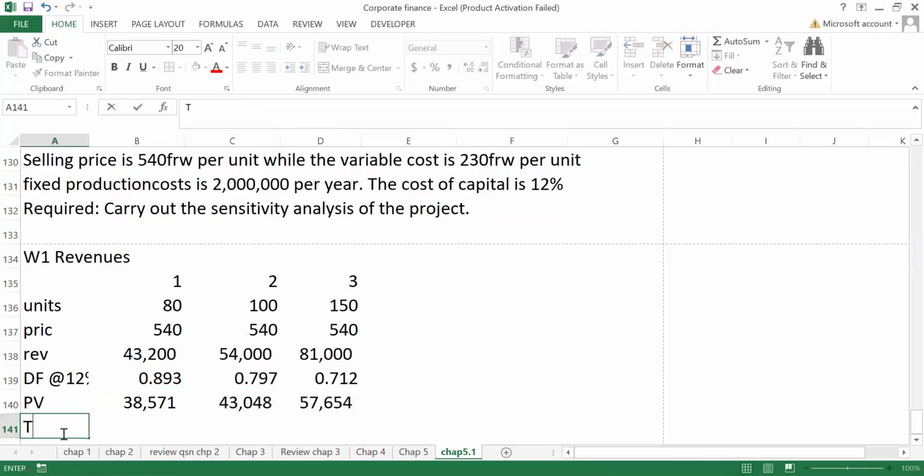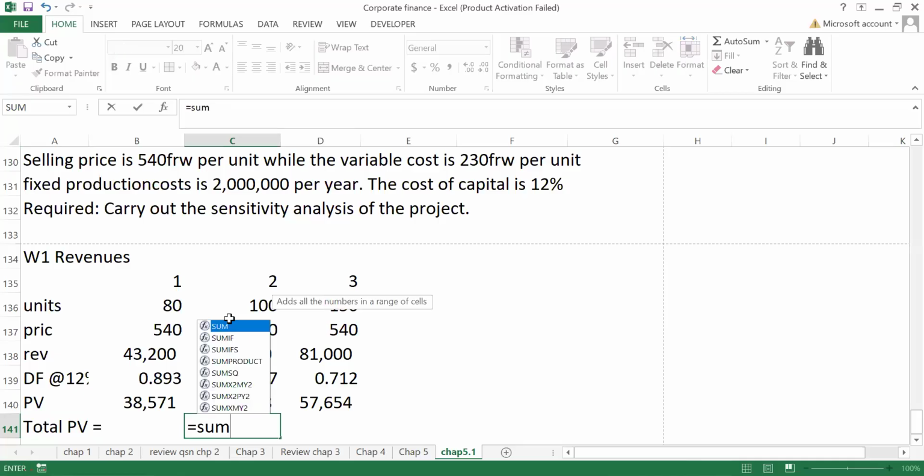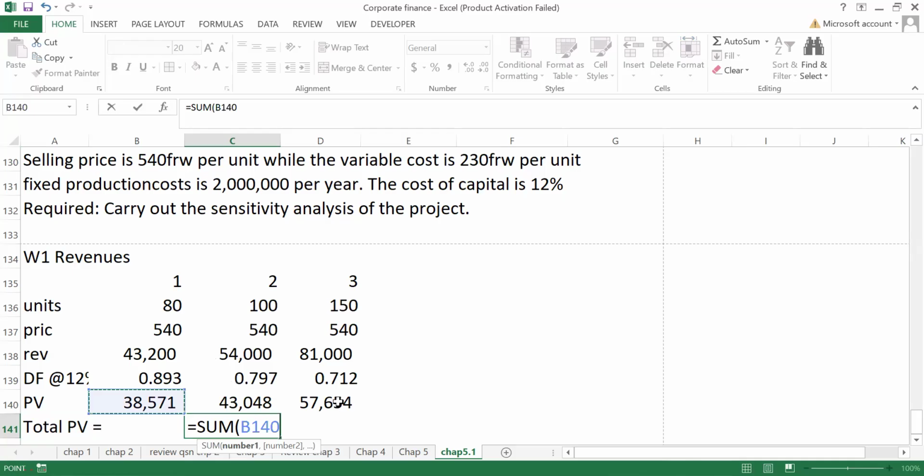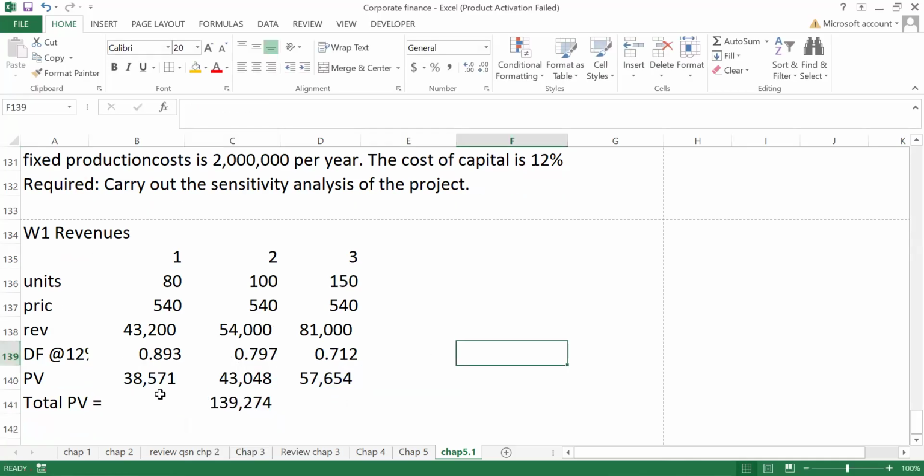My total PV, I can add, that's the total present value of the revenues, which I will use.